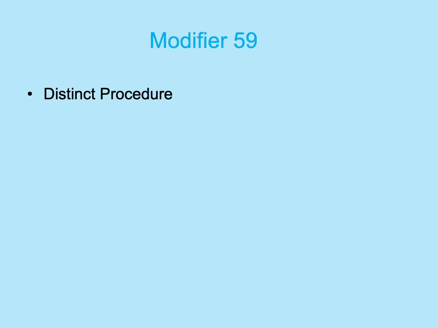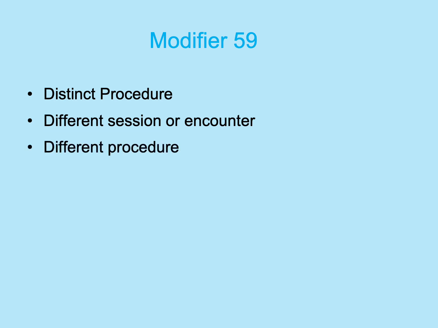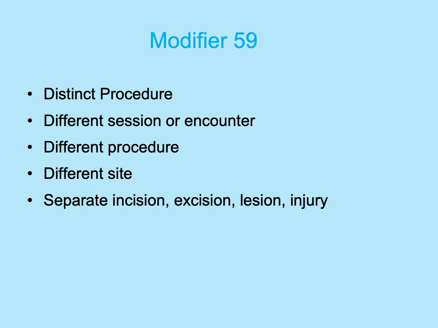Okay, modifier 59. This is the one that's really tricky. So the title is distinct procedure. It is most commonly used when it appears that one procedure might be considered part of a larger one, but in this specific case, it is not. This is because the 2 procedures are in a different session, a different encounter on the same day.